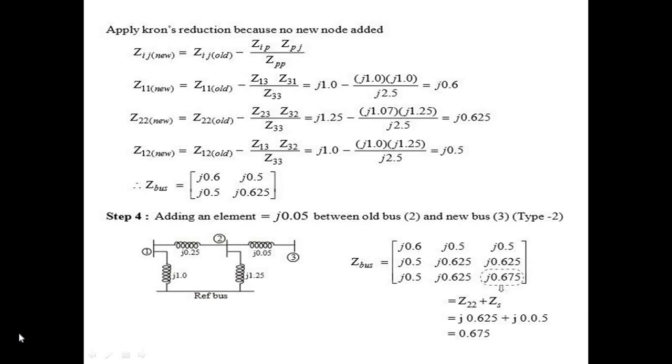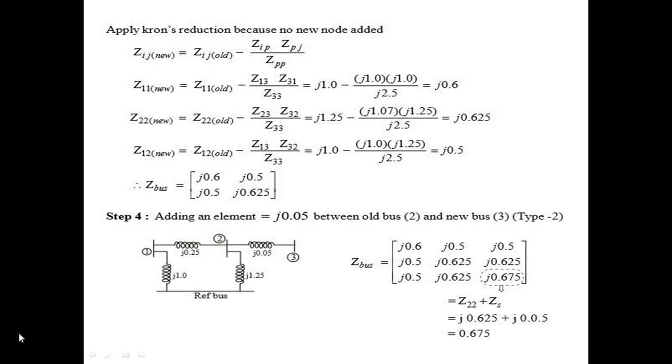Zij new is equal to Zij minus Zip into Zpj divided by Zpp. That is, Z11 new is equal to Z11 old minus Z13 into Z31 divided by Z33, equal to j1.0 minus j1.0 into j1.0 divided by j2.5, that is equal to j0.6.